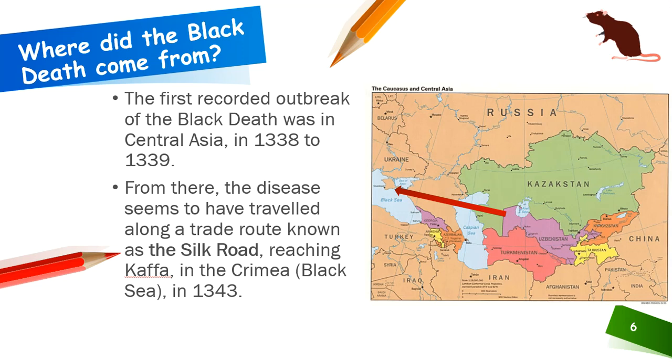From there, the disease seems to have travelled along a trade route known as the Silk Road, reaching Kaffa, which is a town in the Crimea in the Black Sea, in 1343. So it took about 4 or 5 years to reach Europe as we know it today.